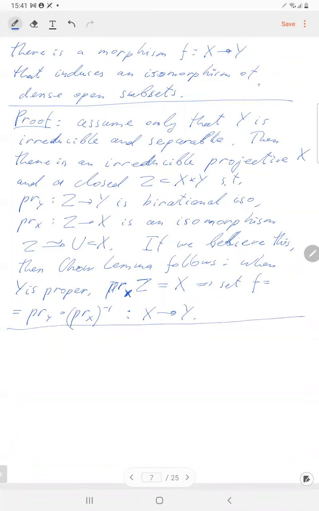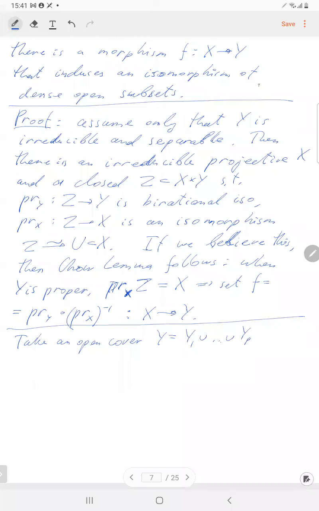Okay. And so again, I take an open cover. Excuse me. Yes. If we prove this statement, won't there be a corollary that any separable variety is isomorphic to a projective variety?